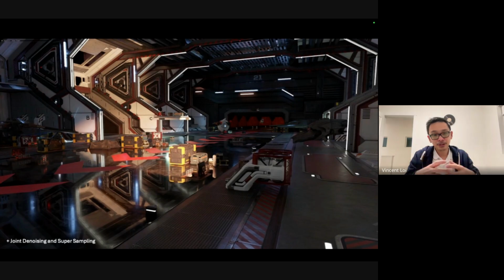But for those that don't know what super sampling is, it means that usually the rendering in your GPU will render at a lower resolution, and then you use the AI to do the upsampling, or other techniques like FSR, also using different special algorithms to upsample to 8K or 4K resolution.